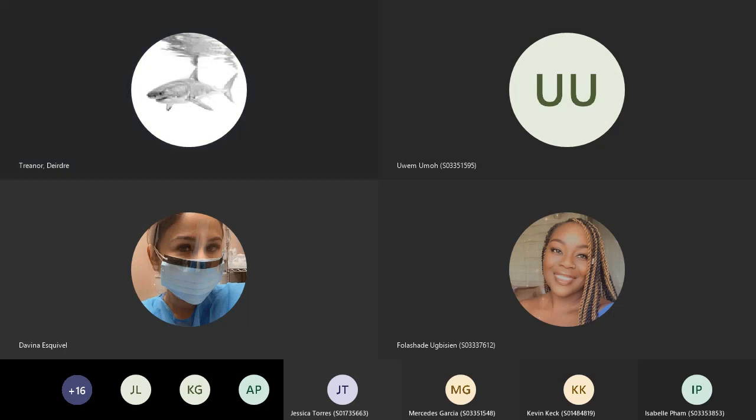So yes, skills lab are skills that you're going to learn. So there's certain checkoffs for different skills. We have head to toe assessment, vital signs, what else is there? Foley catheter insertion, trach care, tracheostomy care.